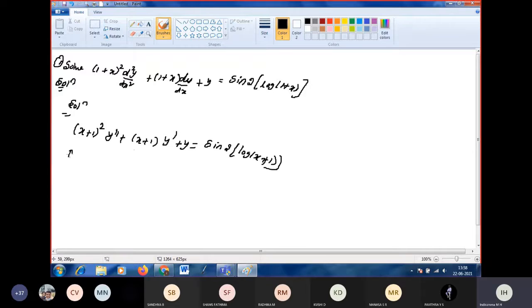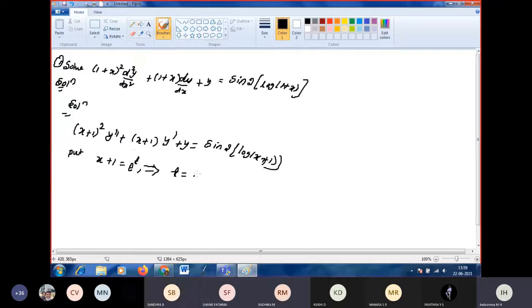Next, we have to take the substitution. Put ax plus b, which means x plus 1, is equal to e to the power t. This implies t is log of x plus 1.